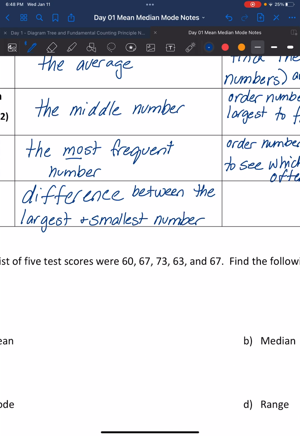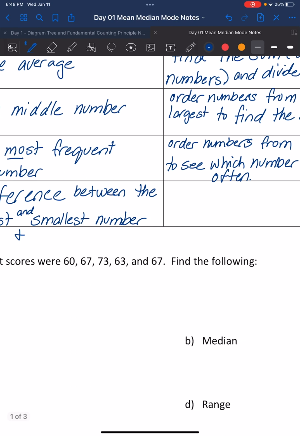And actually, I'm going to make this the word and. Some of you guys don't know, this is shorthand. And is also my ampersand, which is when I make that little symbol. So if you see that, that means and.